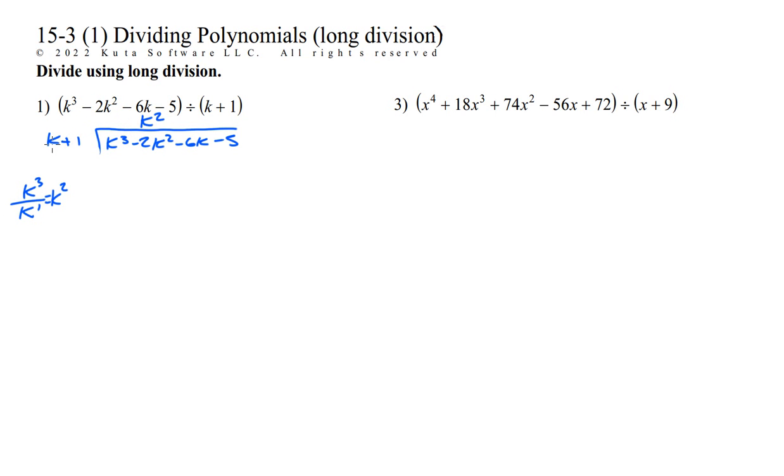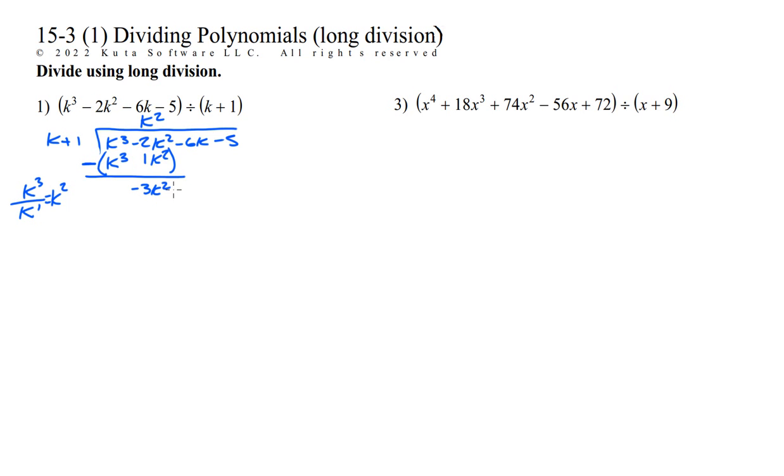So we go k squared times k is k cubed, and then k squared times 1 is 1k squared, we'll call it. Okay. Now, if you remember from regular old long division, we're going to end up subtracting all of this, right? So we subtract this whole thing. So negative 2k minus 1k is negative 3k squared.